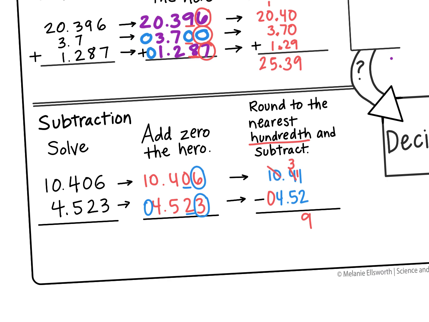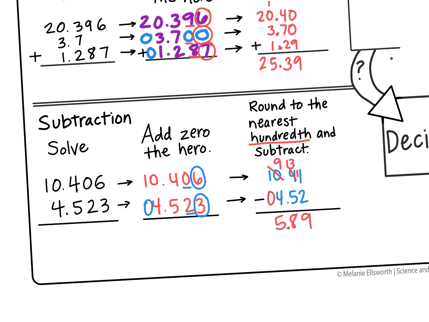So I'm going to borrow, and that leaves me with 9, and the 3 becomes 13. So what's 13 minus 5? 8. And then 9 minus 4 is 5. So 589, except I forgot my decimal, so it should be 5 and 89 hundredths.